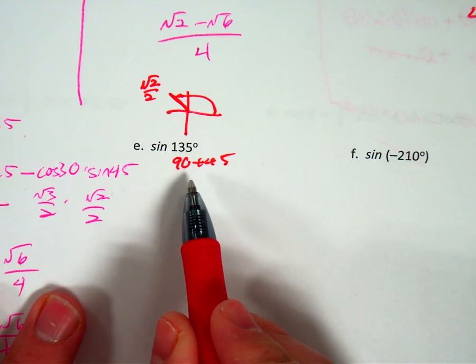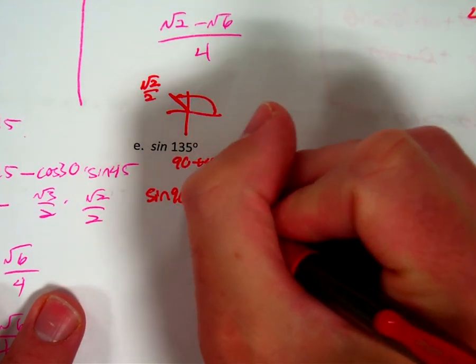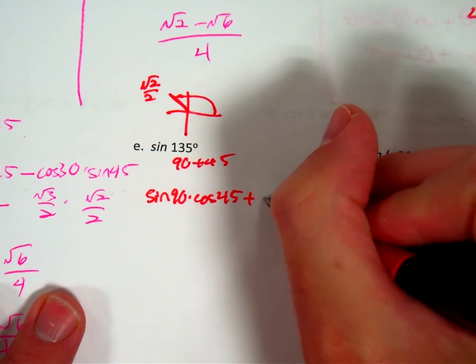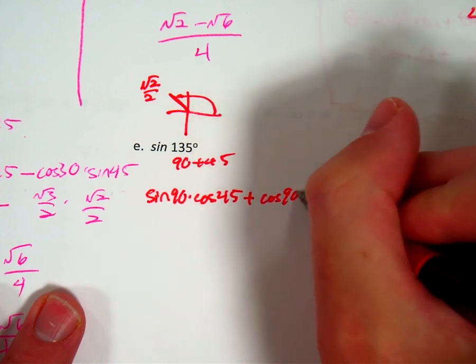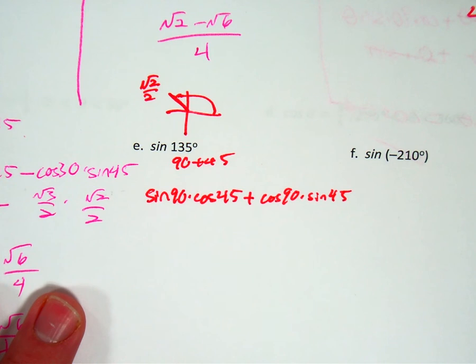Okay, so it's a sine sum formula. So we got sine of the first one times cosine of the second plus cosine of the first one times sine of the second one. And after you do a bunch of these, you'll start coming up with patterns in your own head and ways to kind of think about it so that you remember them without having to look.